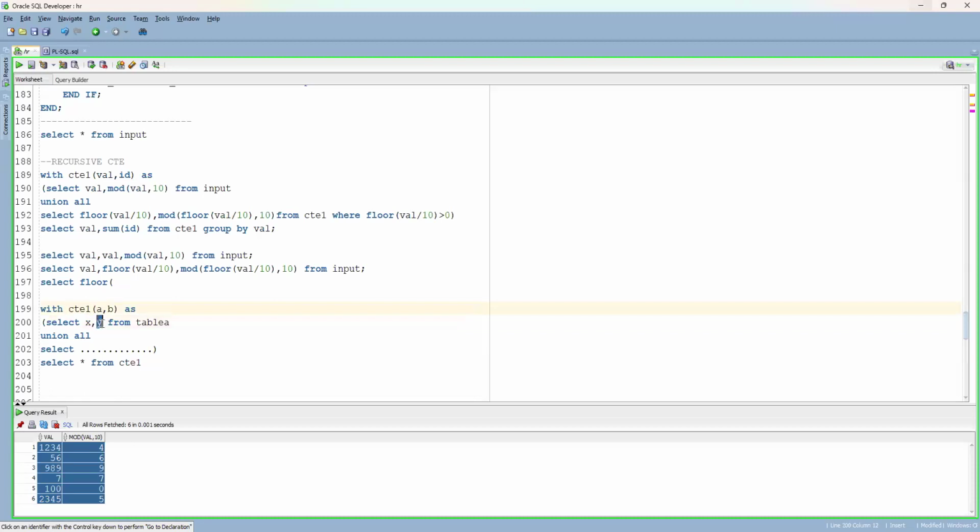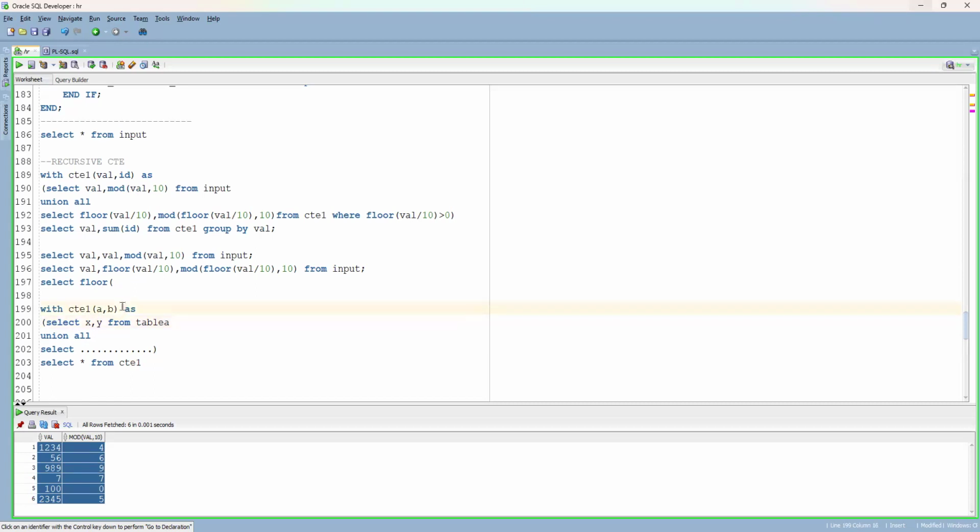The output of column Y will be saved in this column B of the CT1 table. This column X can be anything. This column Y can be anything, but it will be saved in these respective columns A and B. This is what I'm telling.